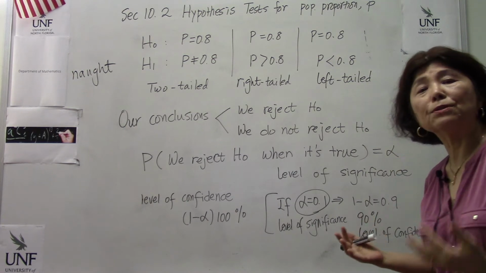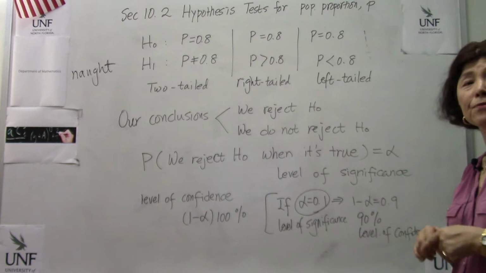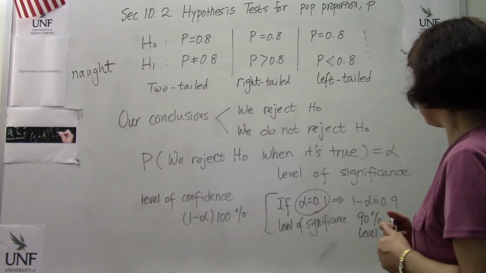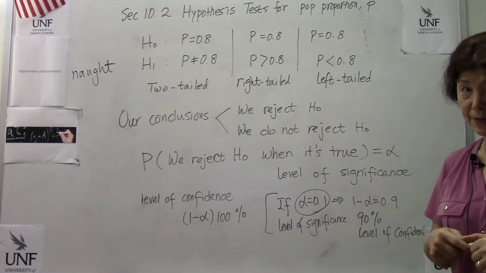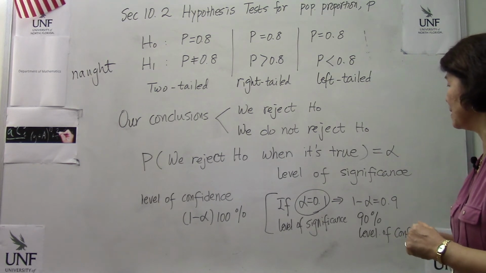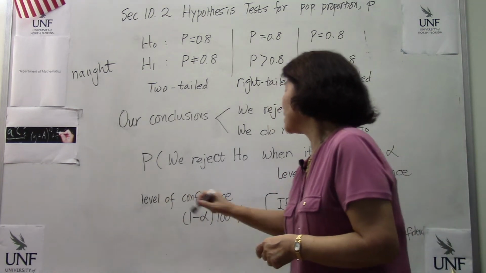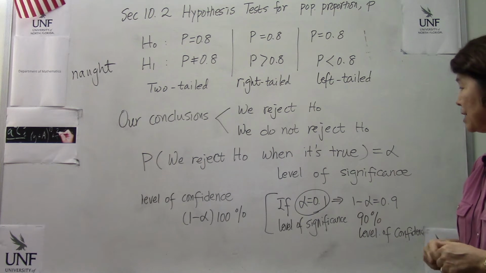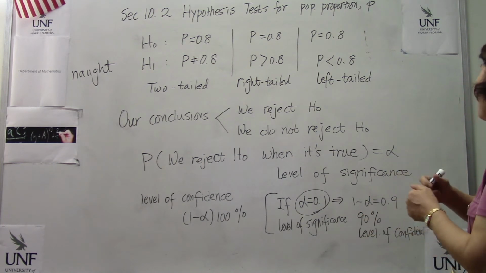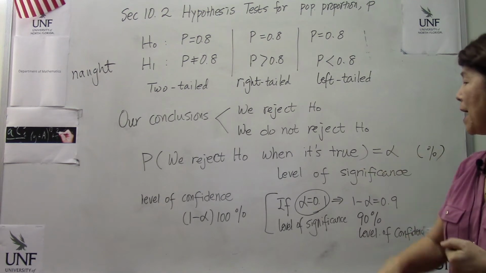We are going to use it so many times, so it is given a name, alpha, the very first letter of the Greek letters, and we call it the level of significance. We saw alpha before with the level of confidence. At that time we used percentage. Still, we are going to have alpha.